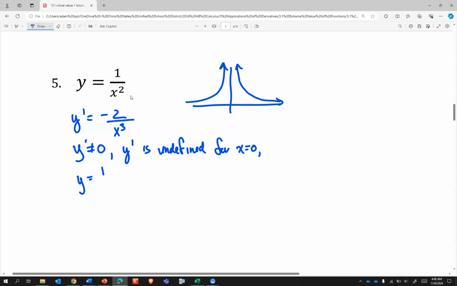But y equals 1 over x squared, maybe we'll say something slightly different, does not have x equals 0 in its domain. No critical values.